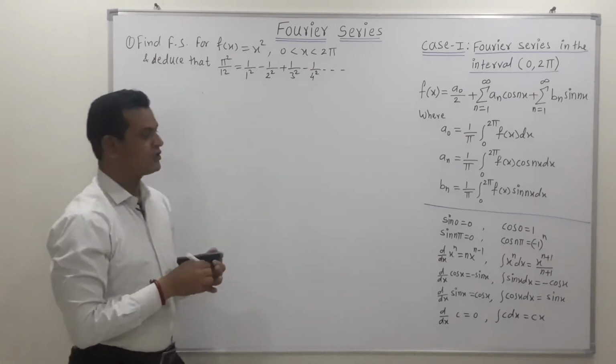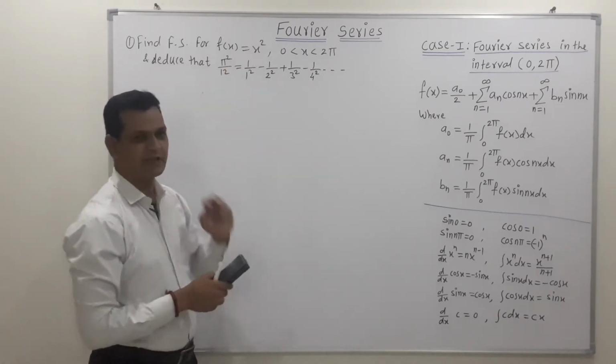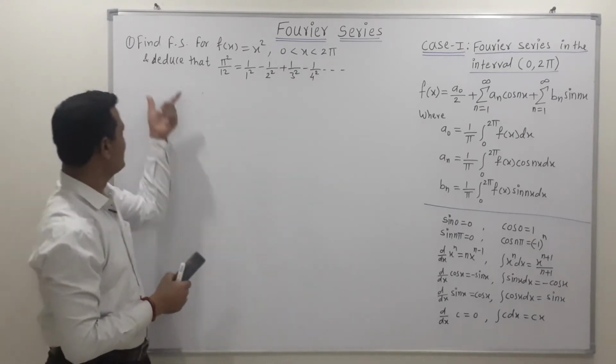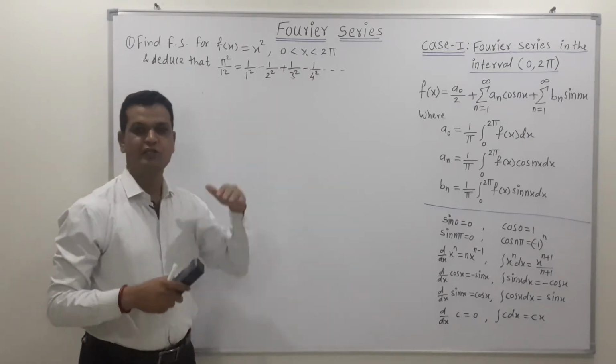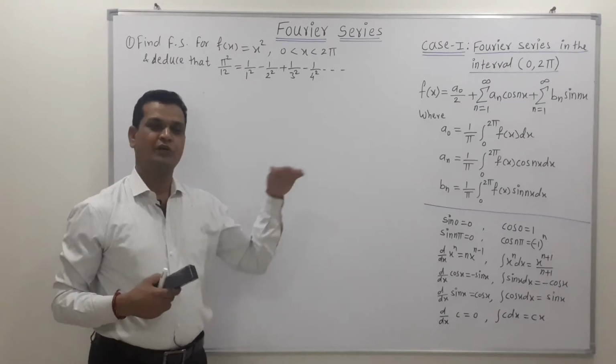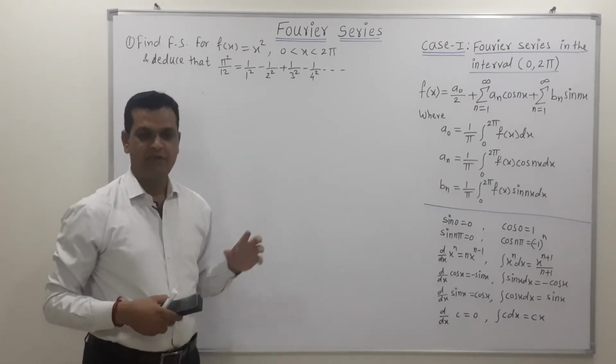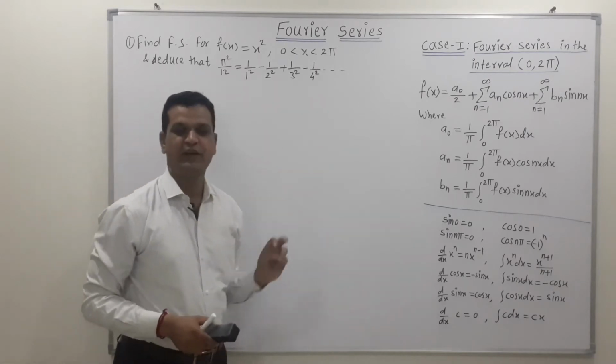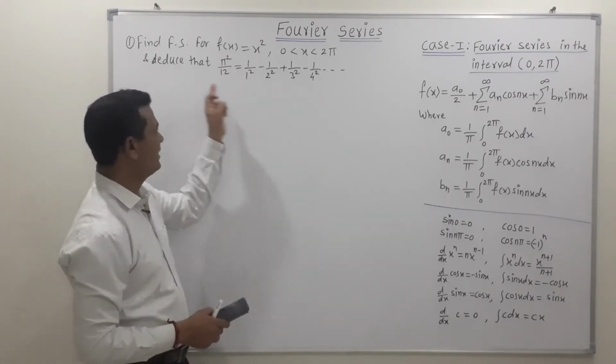Observe that this is the given example, the value of f of x is x square, the interval is 0 to 2 pi, hence deduce that this expression. What does this mean? In the final answer we get, put some particular value and obtain such a deduction. That is the meaning of deduction.